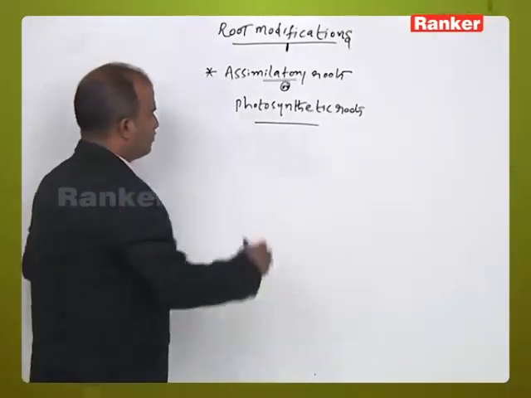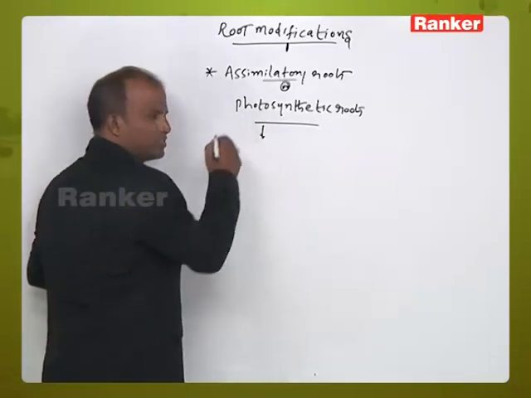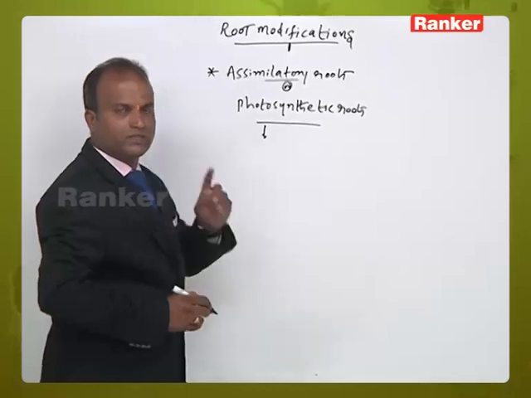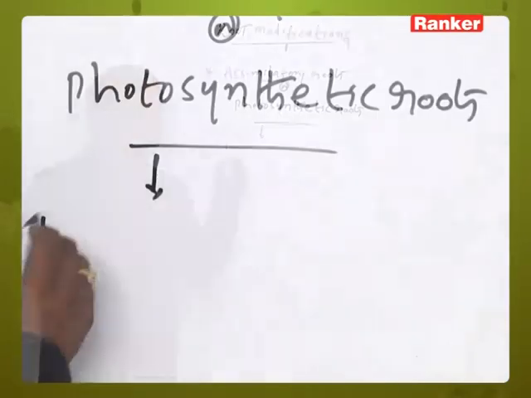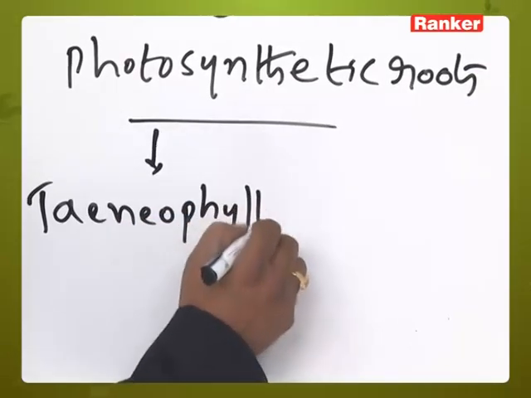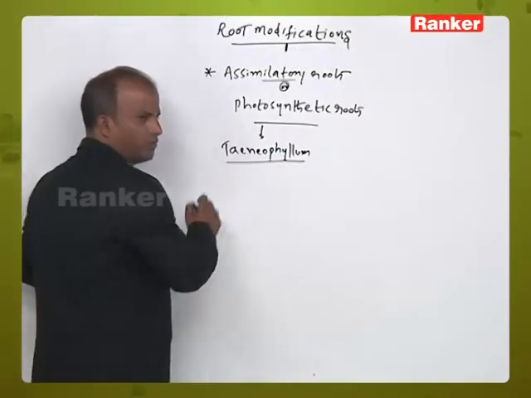What is the example for assimilatory or photosynthetic roots? One example is Taeniophyllum.